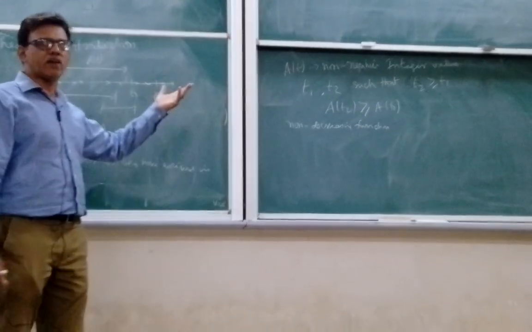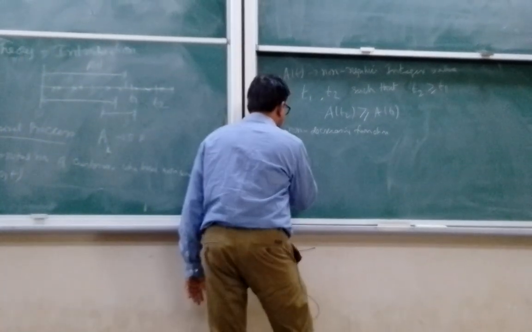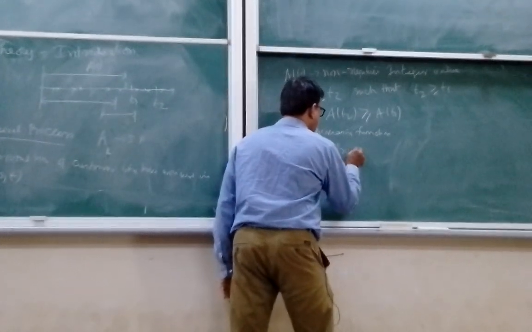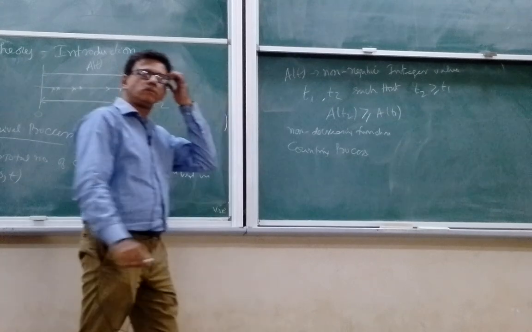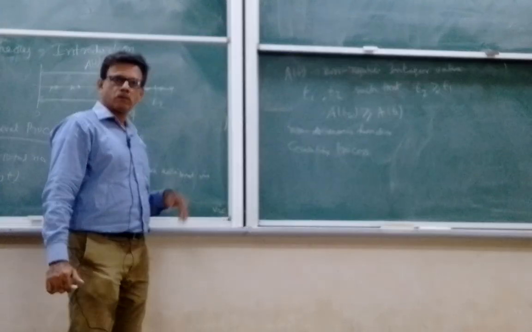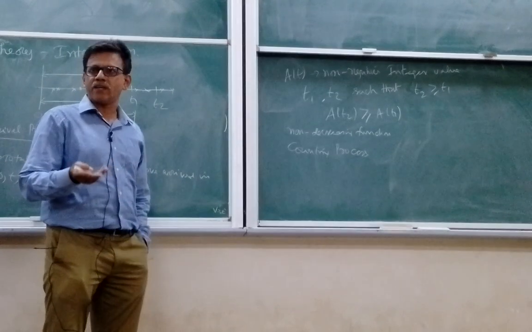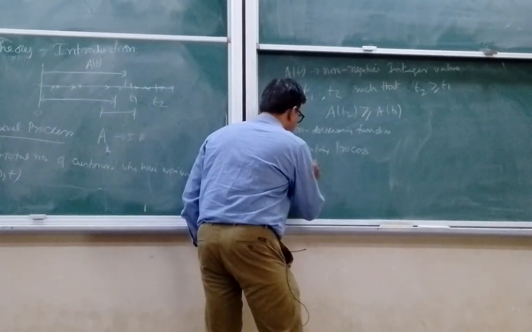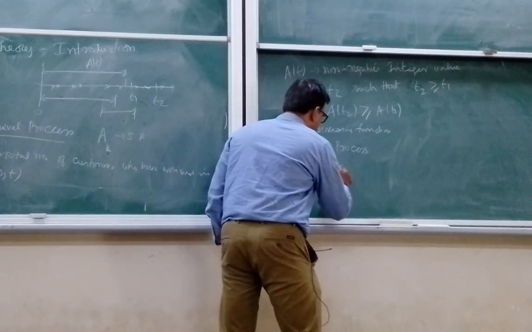So we will give a name for this process which has these characteristics. They are called a counting process. One more thing we will put for convenience, it does not necessarily have to be mentioned: A at time t equal to 0, we will set it as 0.